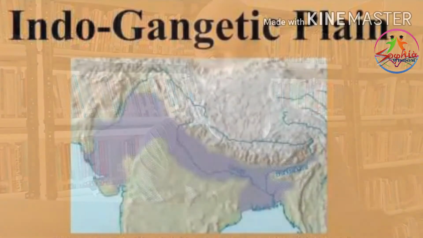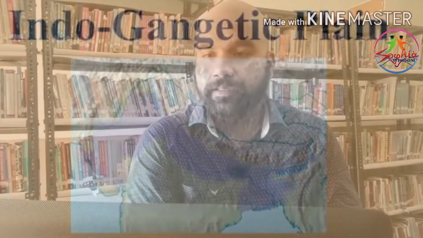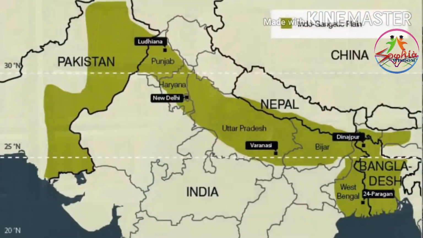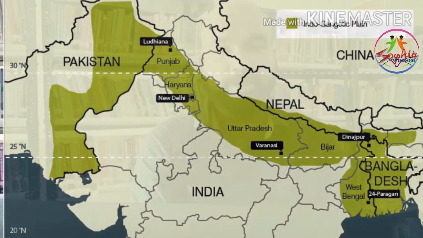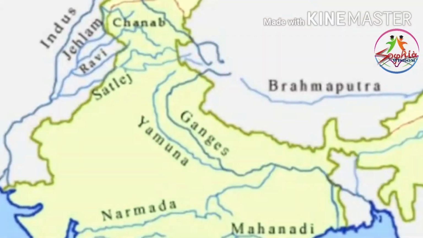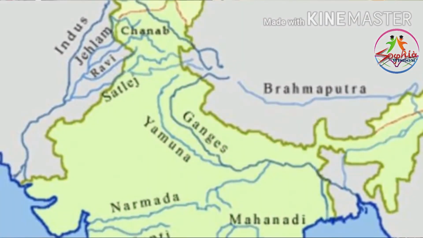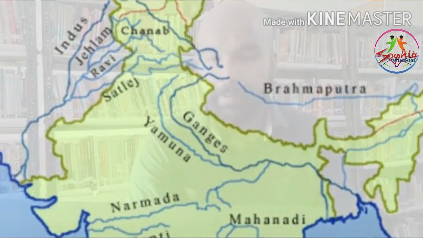The second major relief division is the Indo-Gangetic Plain. The Indo-Gangetic Plain originated from the interaction of the Himalayan rivers, namely the Indus, the Ganga and the Brahmaputra. These 3 rivers originating from the Himalayas are the cause for the creation of the Indo-Gangetic Plain.